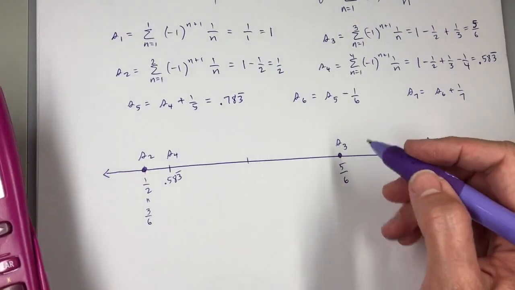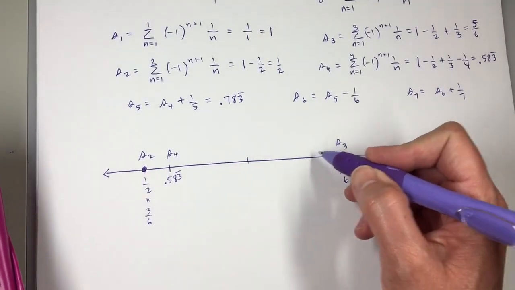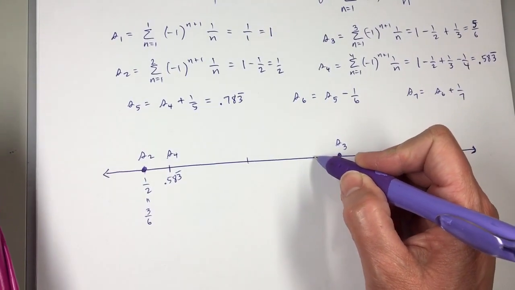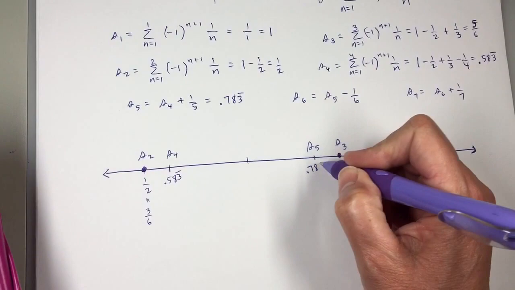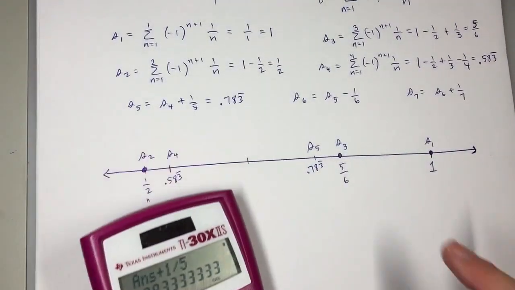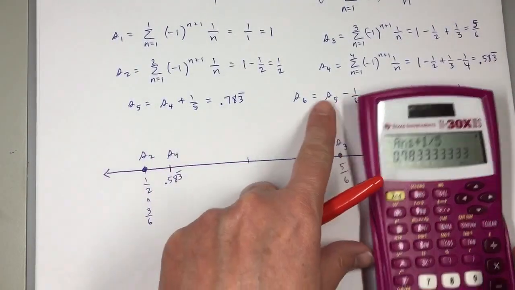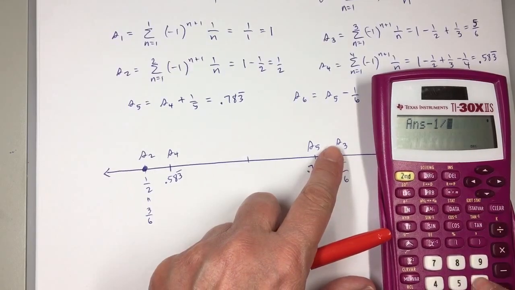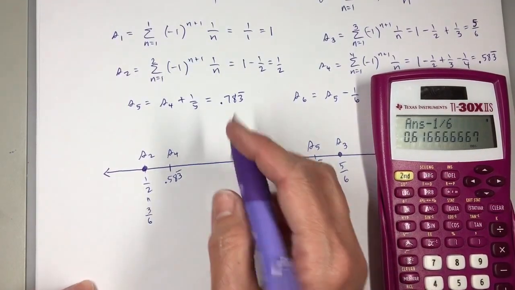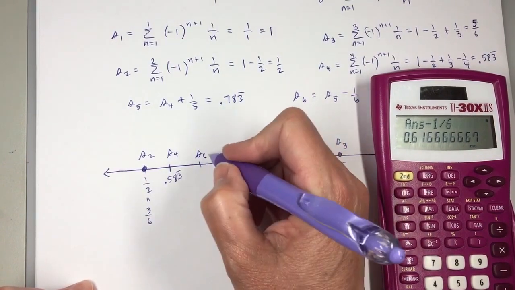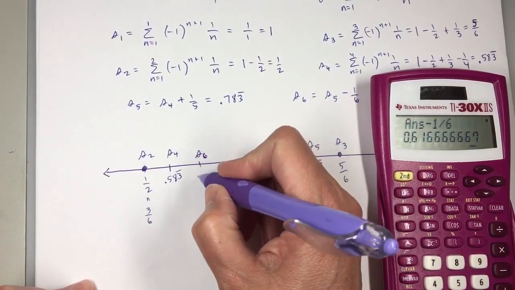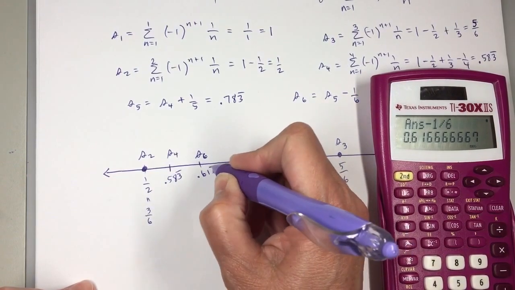At any rate, S sub 5 is going to be to the left of S sub 3. S sub 5 is 0.78 repeating 3. S sub 6 will be S sub 5 minus 1/6. That's 0.616, so S sub 6 will be on this side. 0.61 repeating 6.